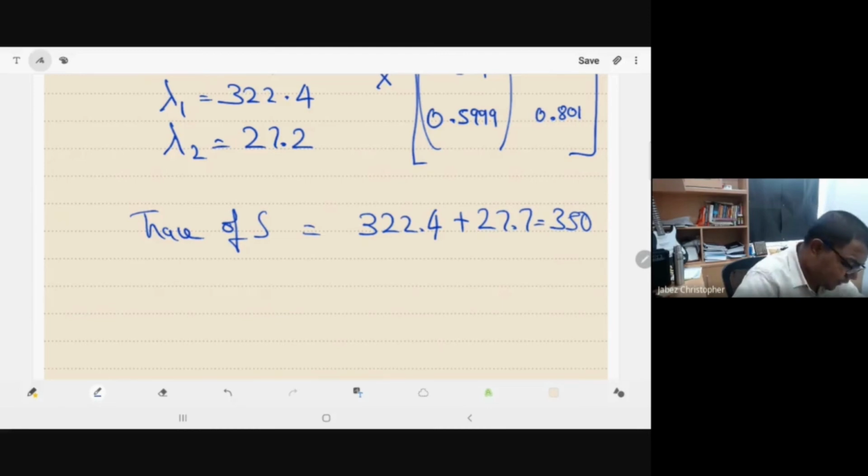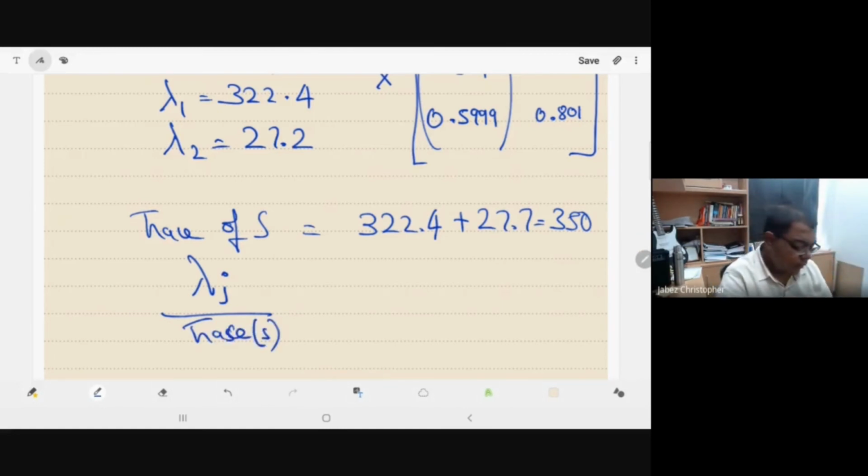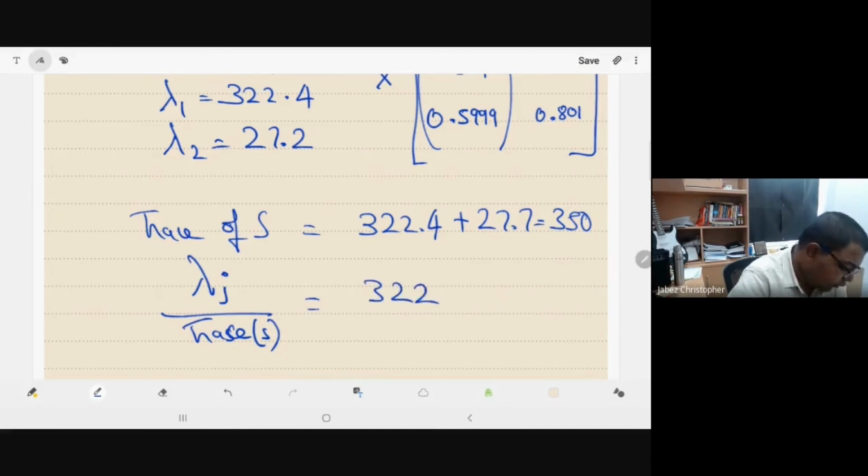So how good is the first component, or each component? For example, if I take the first one, it's going to be 322 by 350.3 or 4 or whatever it is.